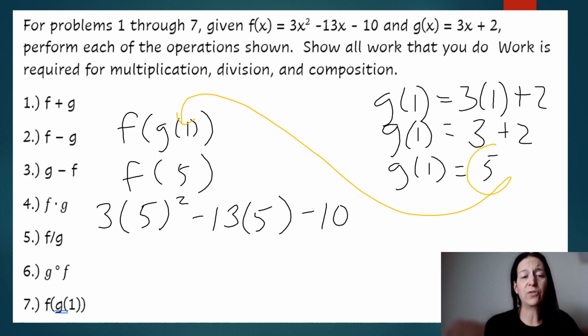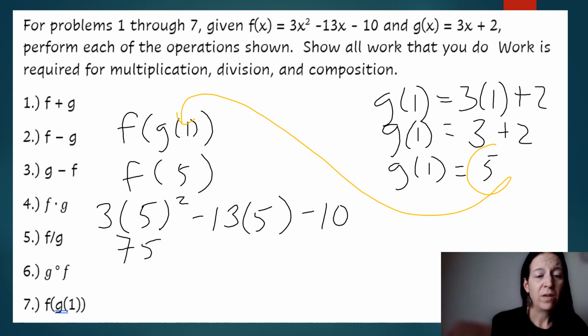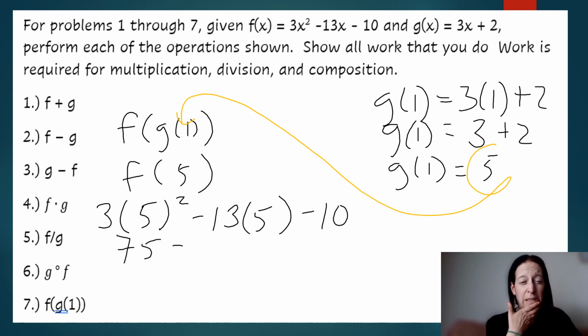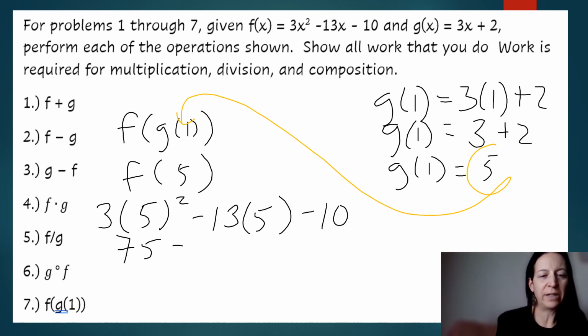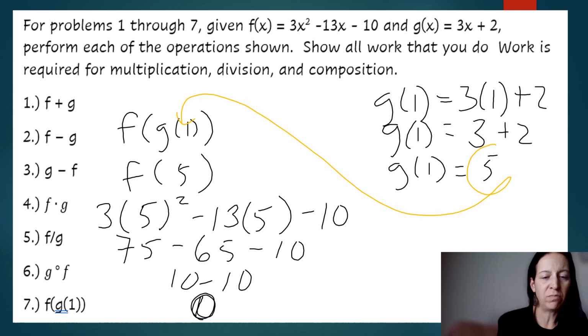So 5 squared is 25, and 3 times 25 is 75, minus 13 times 5, so 10 times 5 is 50, and 3 times 5 is 15, and 50 plus 15 is 65, so minus 65, minus 10, and then 75 minus 65 is 10, and 10 minus 10 is 0. Okay.